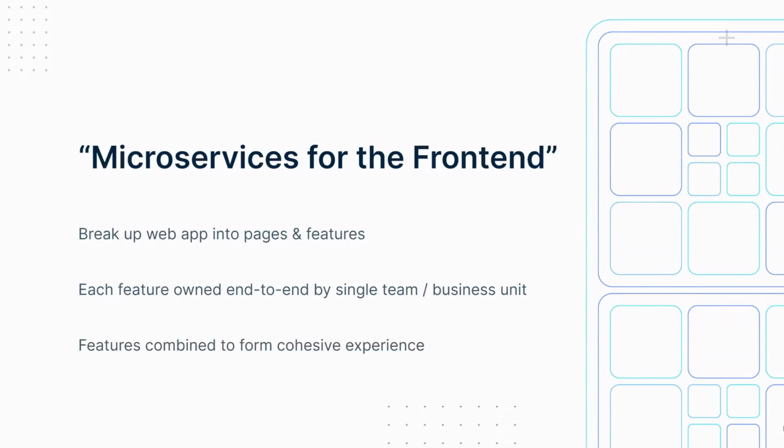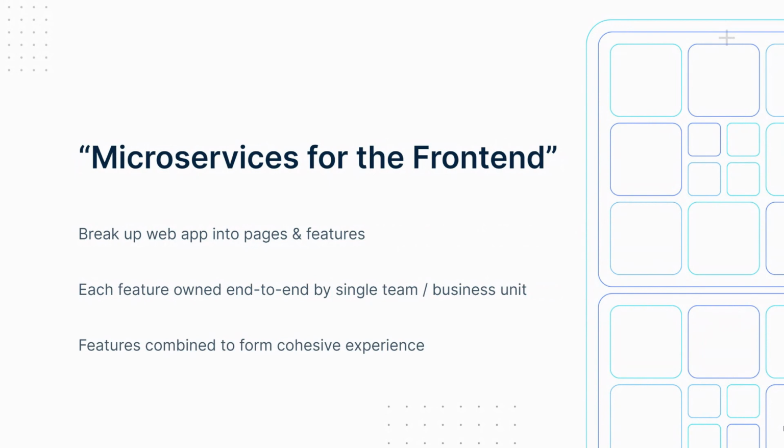Okay, so then that led us to micro front ends, which, if we think about it, is like microservices for the front end. The idea here is, much like breaking up the back end, we're breaking up our front end web app into individual pages, features, etc. And therefore, each feature is owned end to end by a single team or business unit.